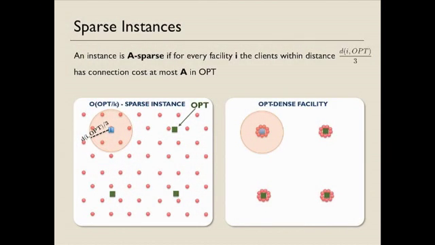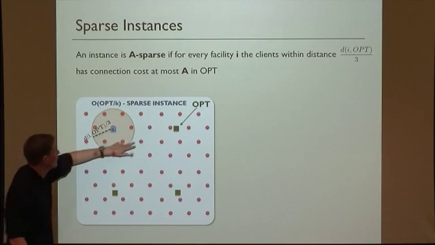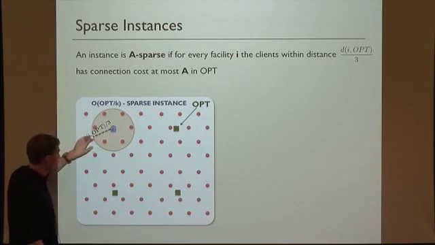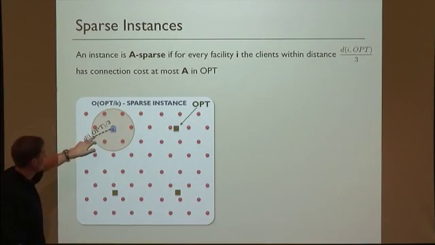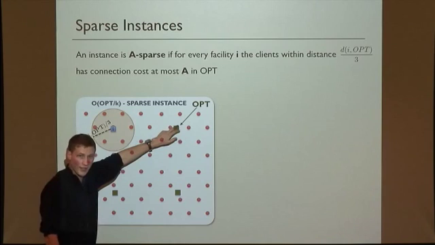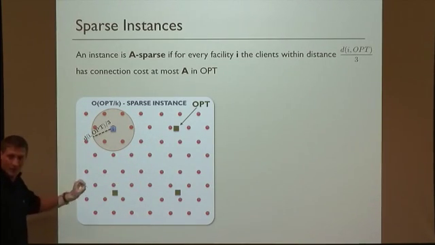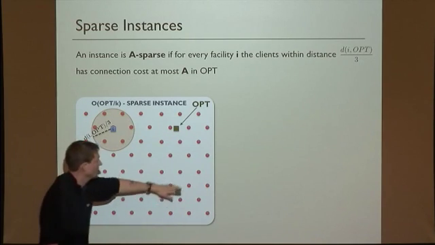So let me take some time. What do I mean by a sparse instance? I say that an instance is A-sparse if, for every facility I, I look at all the clients around it, where the radius of this ball is based on the distance from I to the facility open in the optimal solution. Here I'm only allowed to open 3 facilities in the optimal solution, maybe the green facilities.